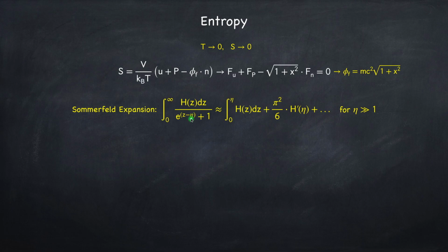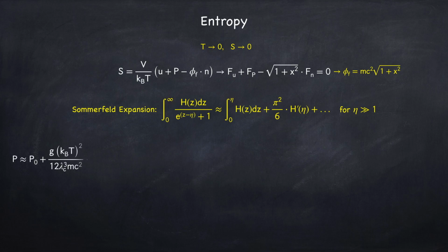So if you have a general function h of z that's divided by this expression here, integrated from 0 to infinity, that will be approximately this integral here, where the denominator is 1, plus this correction term, involving the first derivative of h of z evaluated at eta.